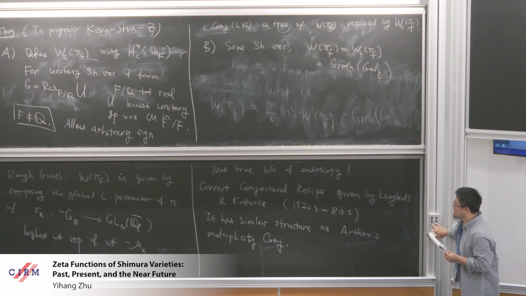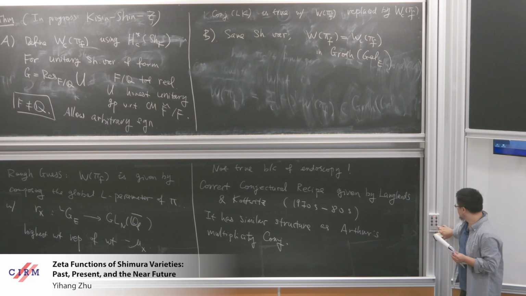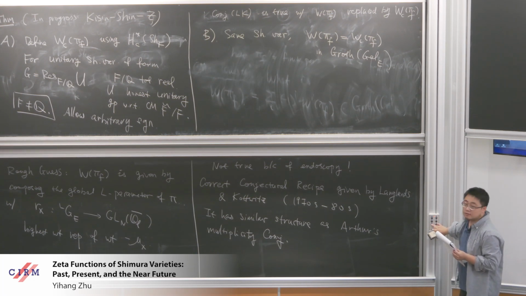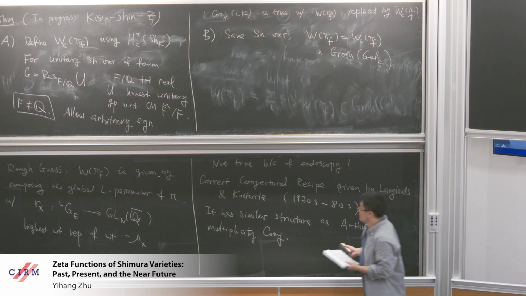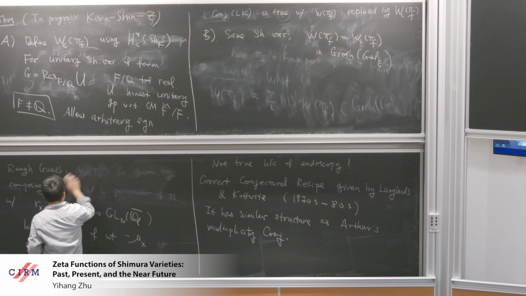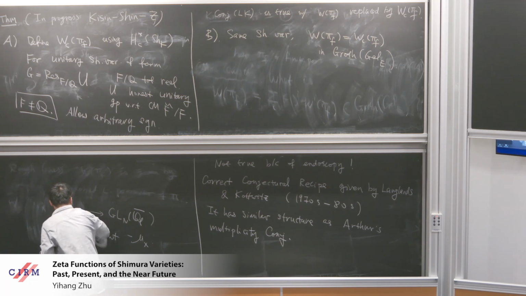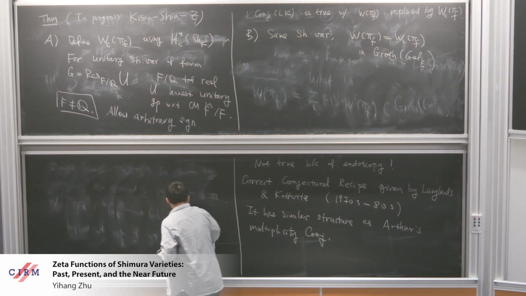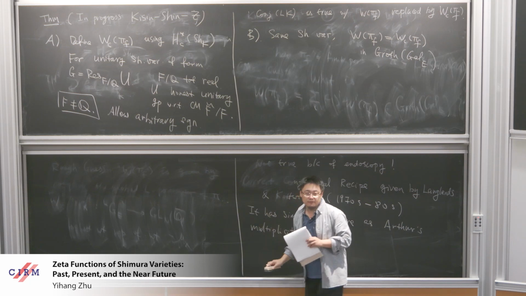It just means you have a Hermitian form, and you look at all the automorphisms of the vector space preserving the Hermitian form on the nose, not up to some scalar. So there are two usual variants of that.